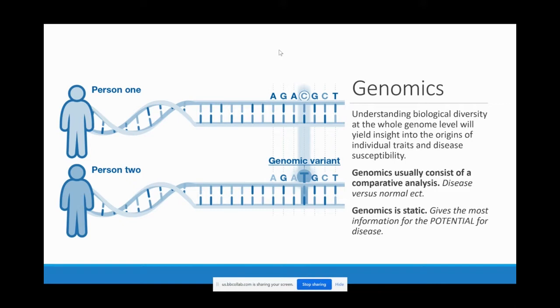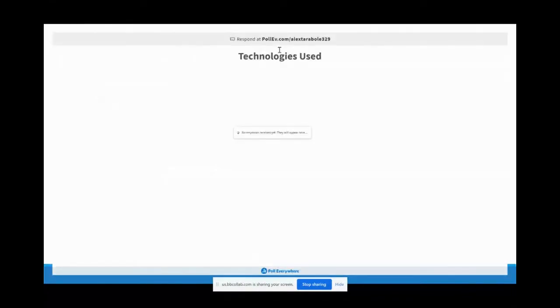For example, just having someone's DNA doesn't necessarily mean that they have cancer, right? You can't tell that from their DNA. You might be able to tell the potential that they are more likely to get cancer because they have a trait that's connected to people who usually have cancer, but you can't definitely for sure say just from their genome, from their DNA, that they at this moment have cancer or do not have cancer.